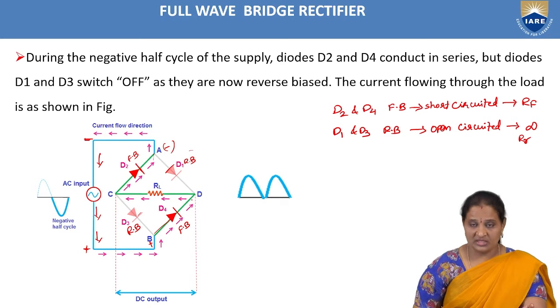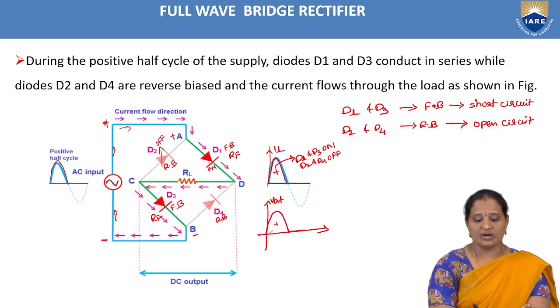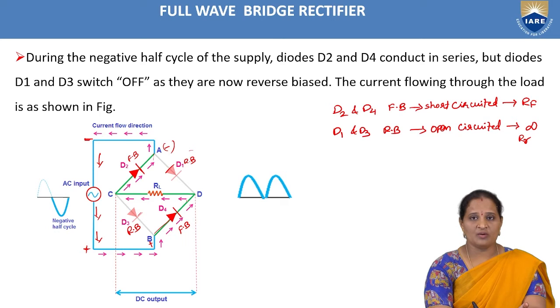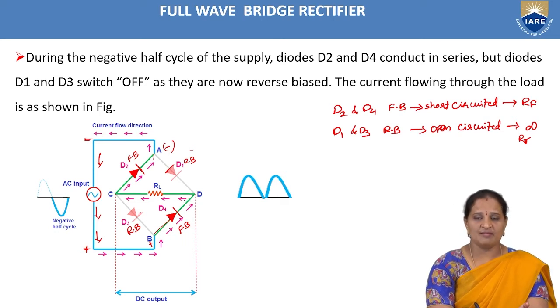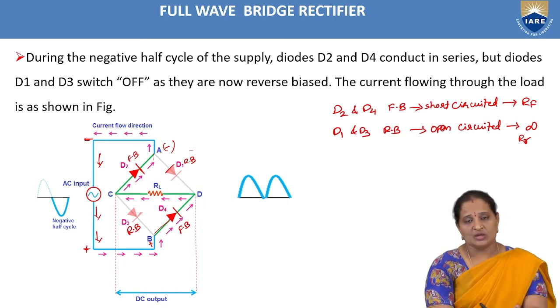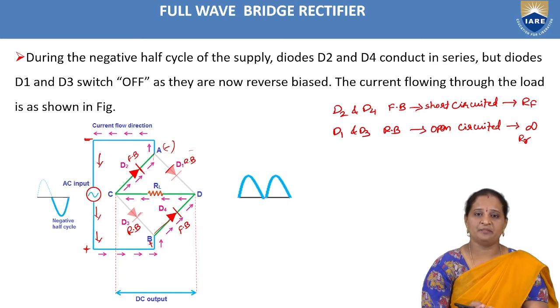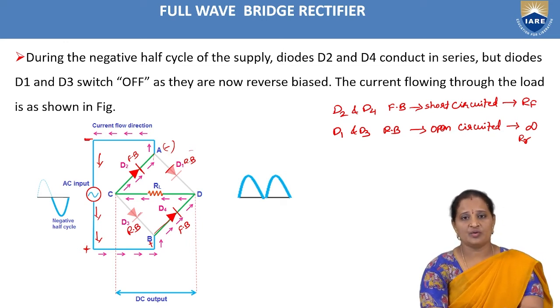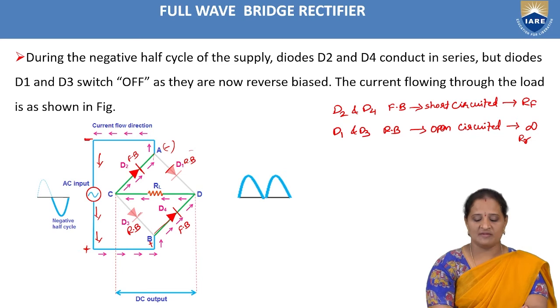During the positive half cycle, the current was flowing through the load resistor from point D to point C. During the negative half cycle also, the current is flowing in the same direction through the load resistor, that is from point D to point C. So as the current direction is the same, the current through the load resistor will have only positive half cycle.